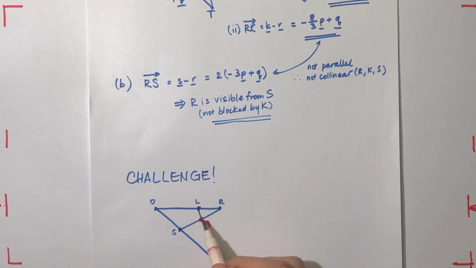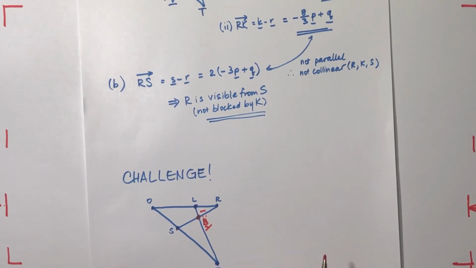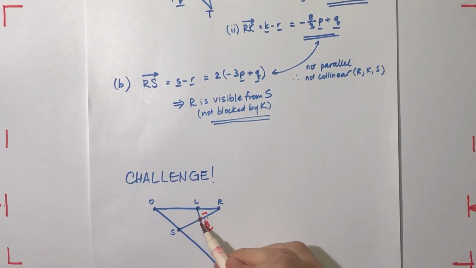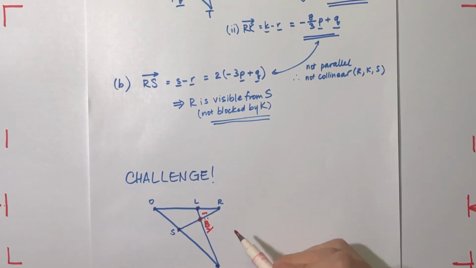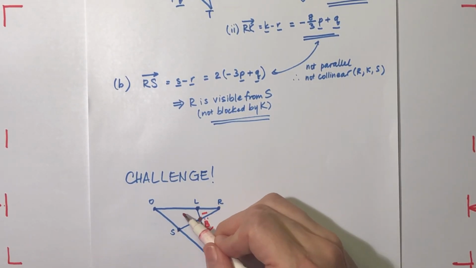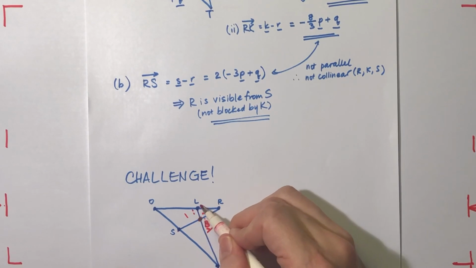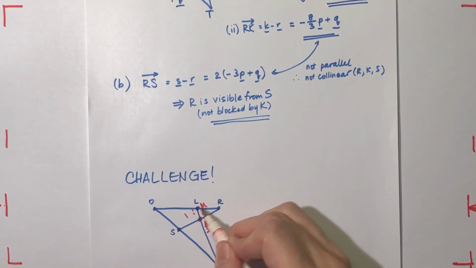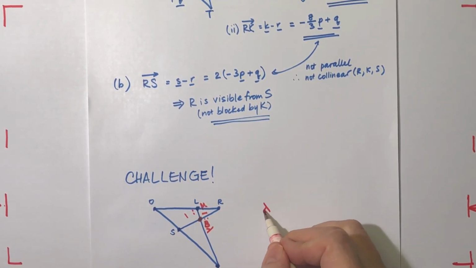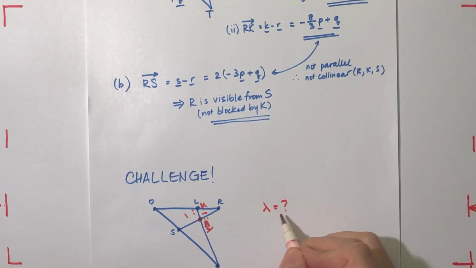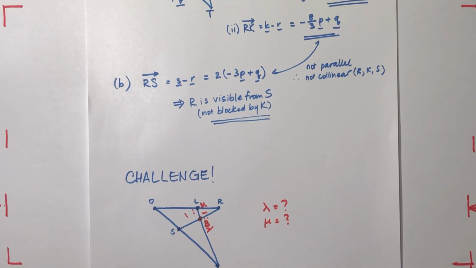In other words, if B divides LT in a ratio of 1 to lambda, then what is lambda? And similarly, if B divides SR in the ratio of 1 to mu, then what are the values of lambda and mu? These are scalar numbers.